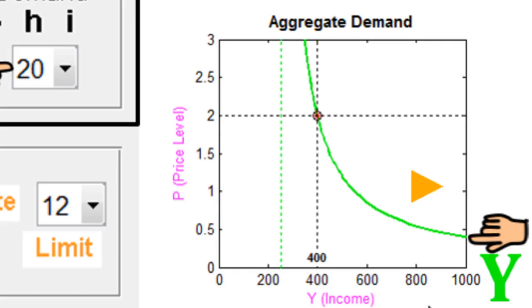First thing, in the horizontal axis I have income. In the vertical axis I have P, the price level. So if we want to find this value here, the only thing that I have to do is to use the information that P has the value 2, and then I will find that income has the value 400.